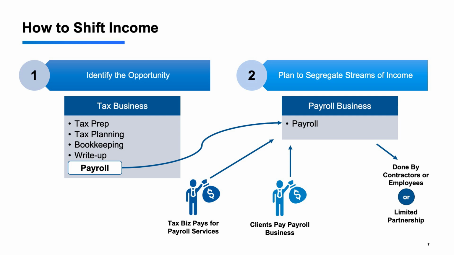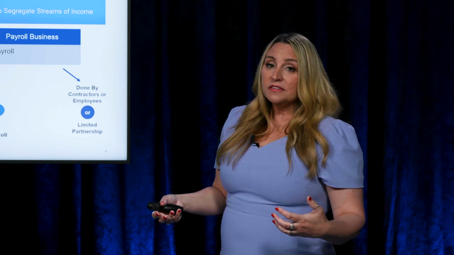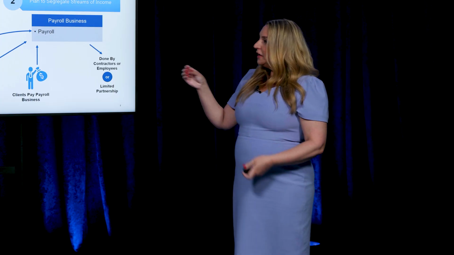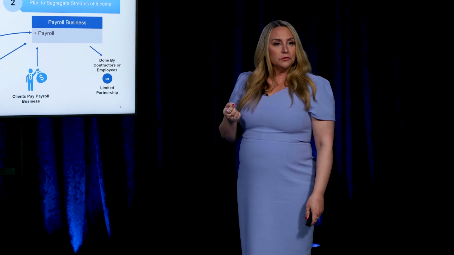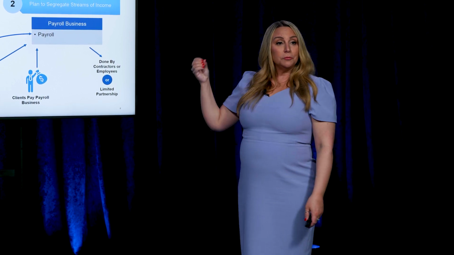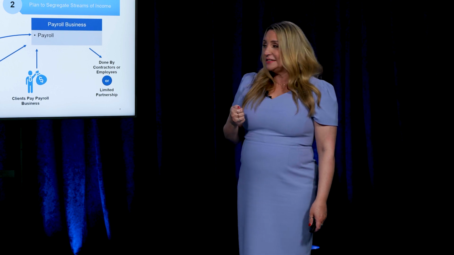I can't really shift income to an entity if I earn my income on a W-2. Third, we have to better understand the business and how the business earns money. Most businesses have different revenue streams from different sources of activities. And what we're looking to do in shifting income is identify one of those revenue streams that would be optimal for creating a new entity.